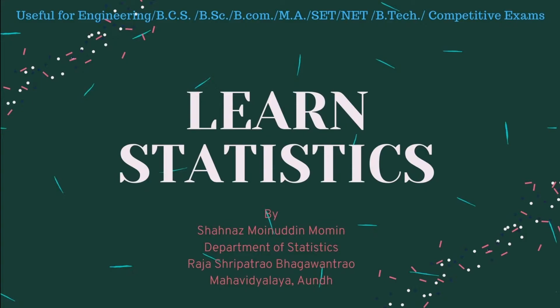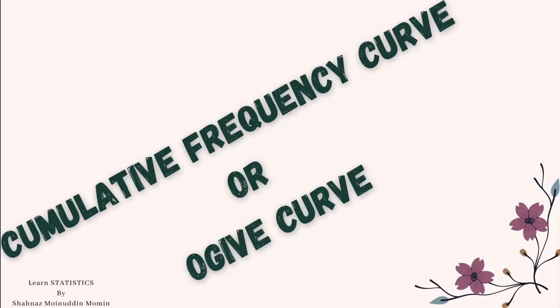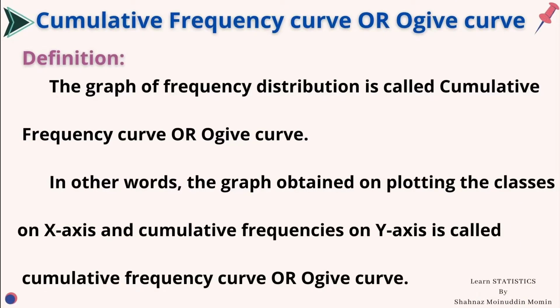The lecture of today is the cumulative frequency curve, or Ogive curve. Now let us start with the cumulative frequency curve. Definition: the graph of a frequency distribution is called a cumulative frequency curve, or it is also known as an Ogive curve.